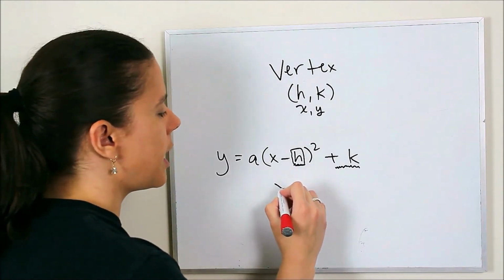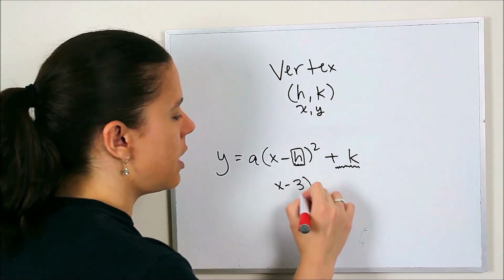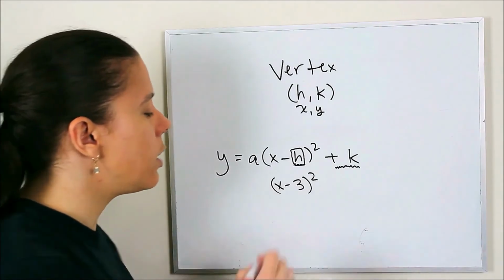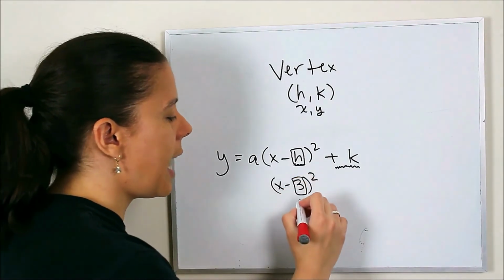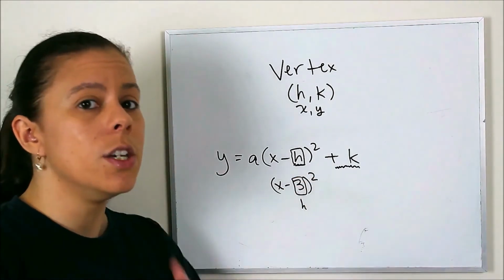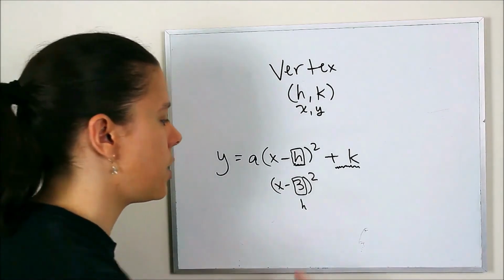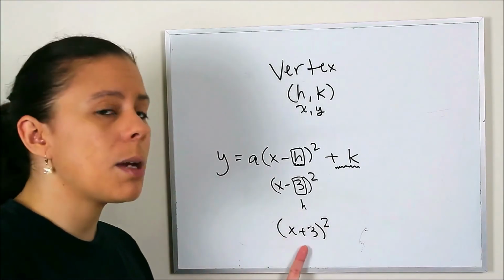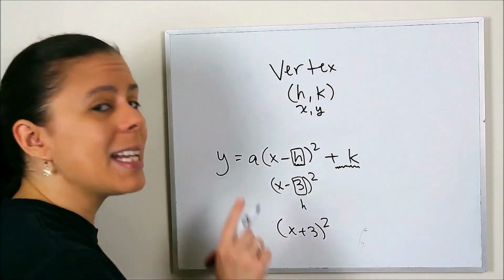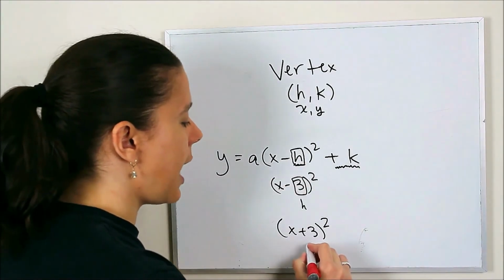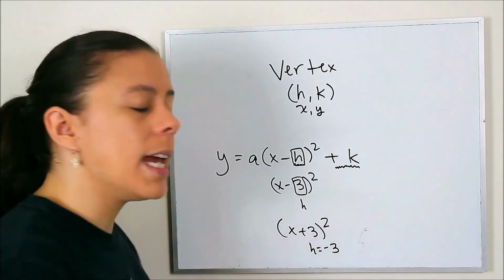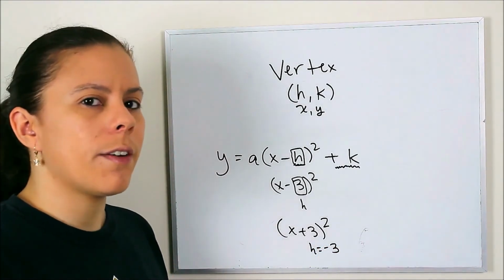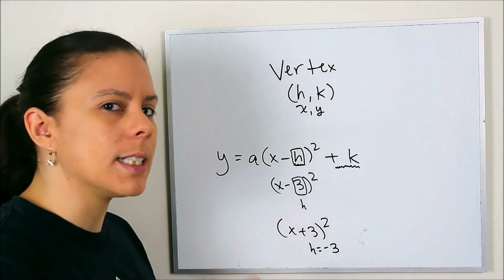So if this was x minus 3 squared, you're only going to take into account the 3. The h would actually be the 3, not negative 3, and vice versa. If you have x plus 3 squared, then you have to think about this as x minus negative 3, so the h would actually be negative 3. I just wanted to clarify that for those of you who find this a little bit confusing.